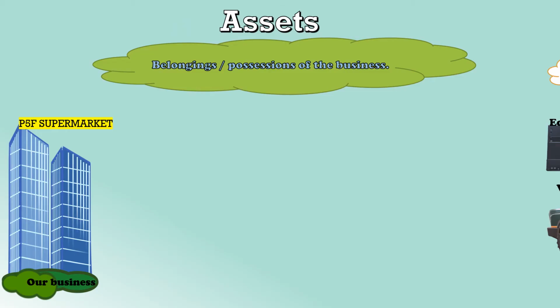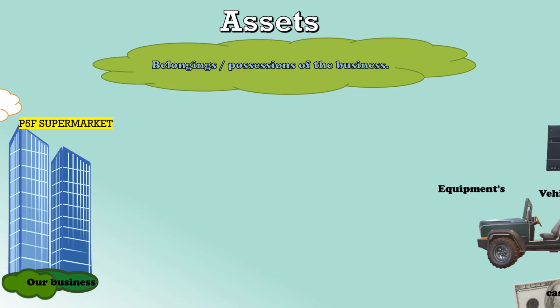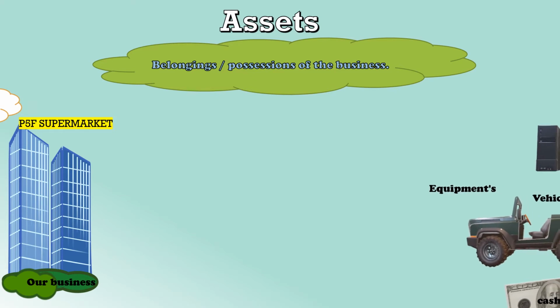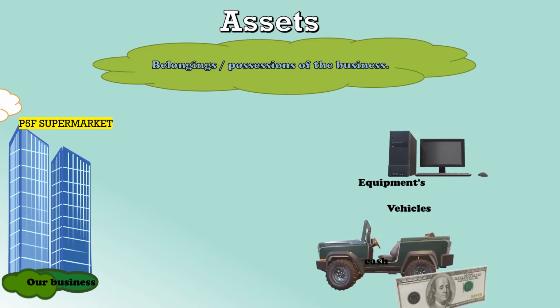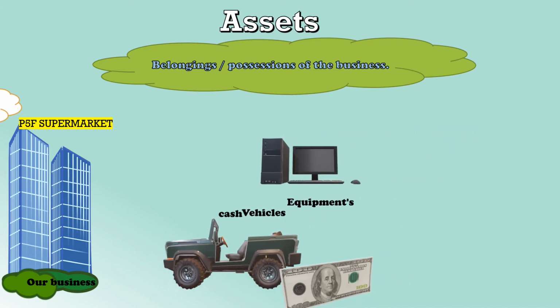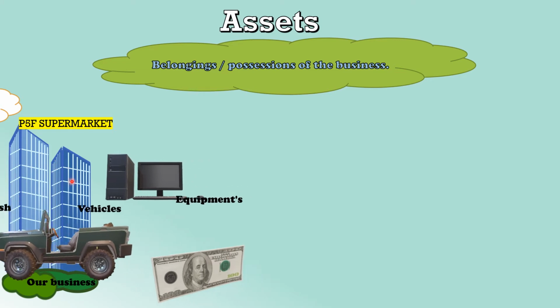So asset is the belongings or possessions of the business, which means everything that belongs to or is for the business. For example, we have equipment, we have vehicles, we have cash. So all those items or things that belong to the business, plus the building itself.